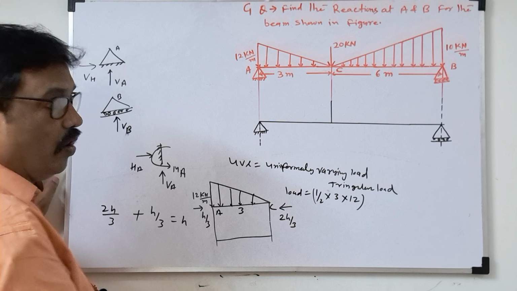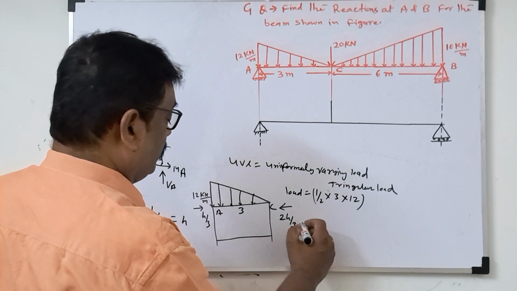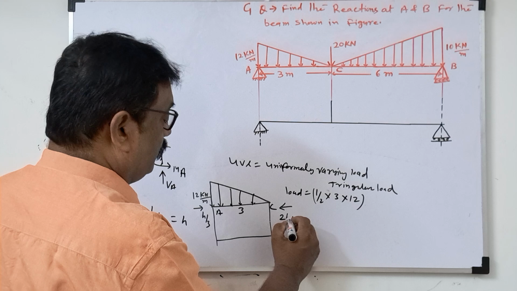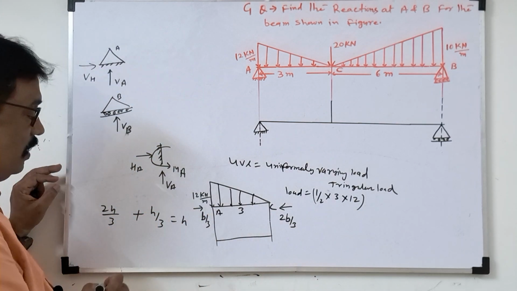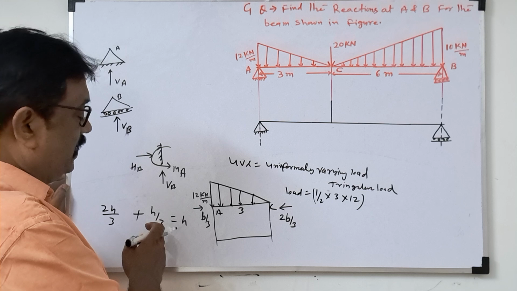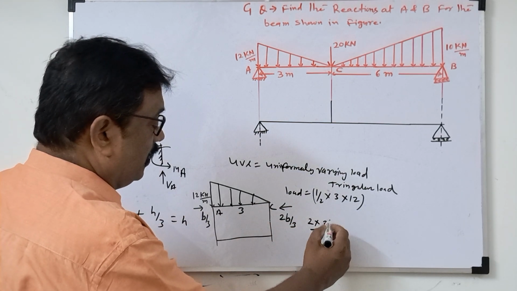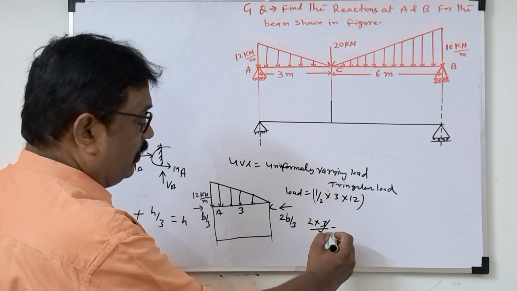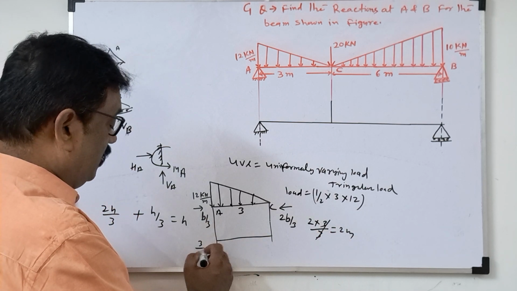Now look how we will know this. If you substitute 3 for the base b, 2 into b, 3 by 3, it is 2 meter. And b by 3, 3 by 3, is 1 meter.